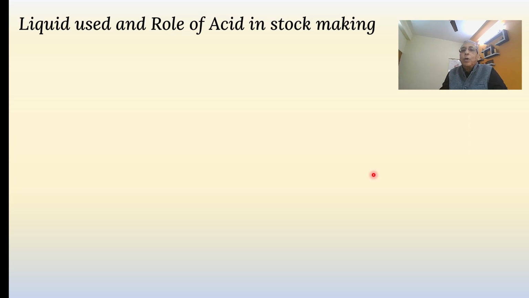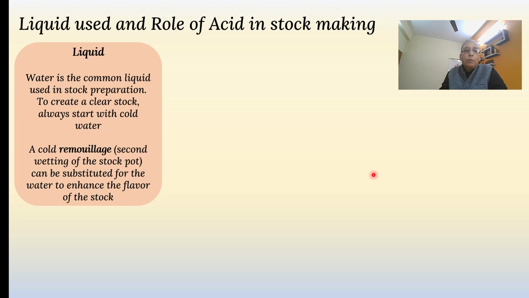Liquid used and role of acid in stock making. Two liquids can be utilized. One is simple water. Another one, and this one is very important, is known as remouillage. In bracket is mentioned second wetting of the stock pot. The concept is, suppose you have made a stock. It is strained. The bones are still there.